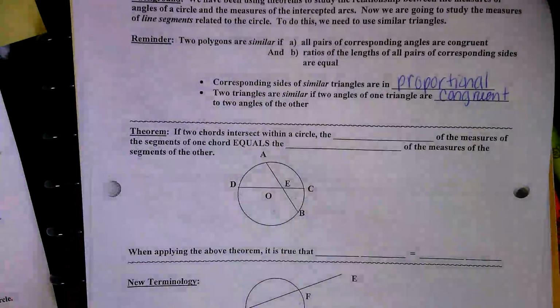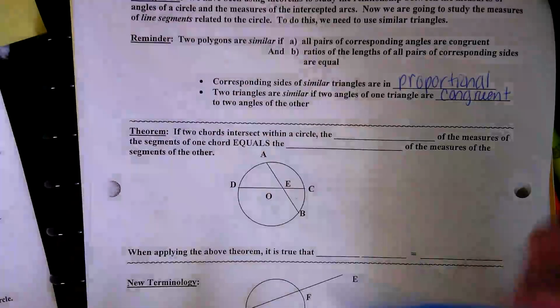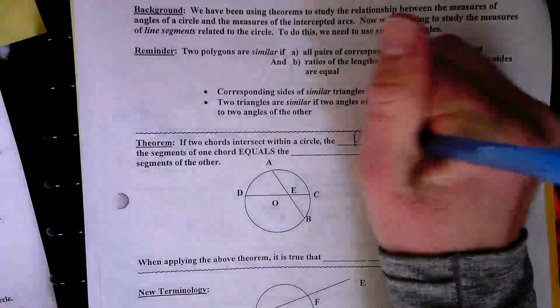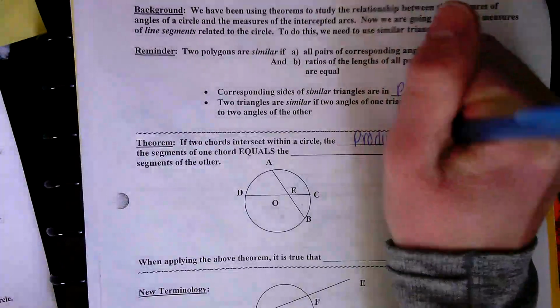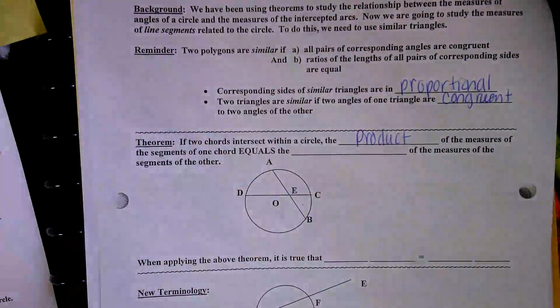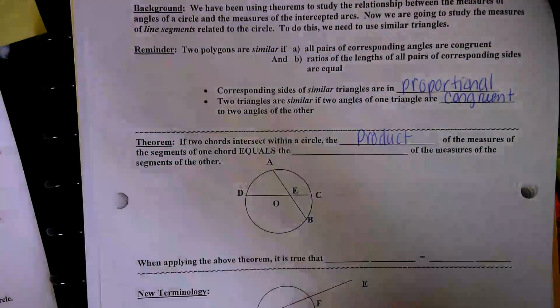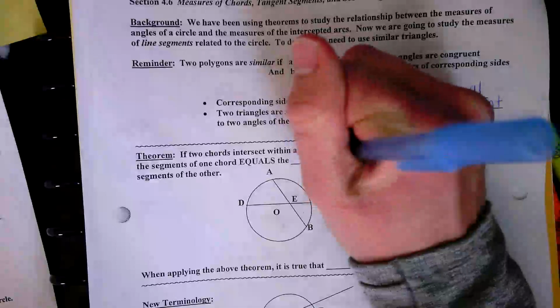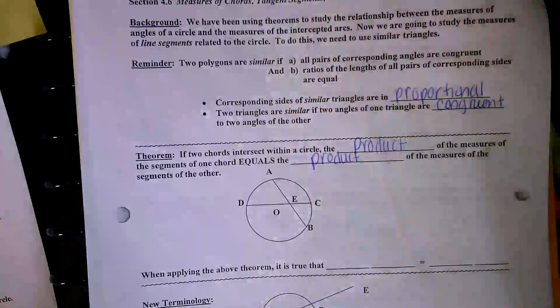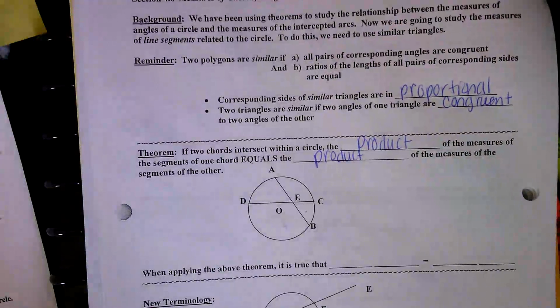All right, so now let's take a look at our first theorem here. If two chords intersect within a circle, the product of the measures of the segments of one chord equals the product of the measures of the segments of the other.